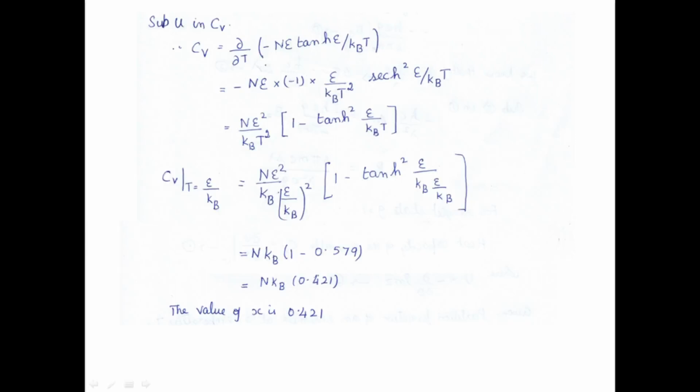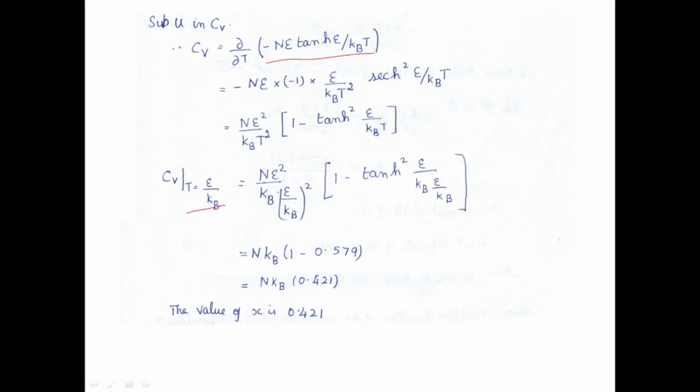Now if you differentiate this term with respect to T, you will be getting minus N E is a constant, and then for tanh we will be getting sech square of E divided by kBT, and for E divided by kBT it will be minus 1 E divided by kB T square. So Cv will be N E square divided by kB T square into 1 minus tanh square of E divided by kBT. In the question, they have asked us to find the value of Cv at T equal to E divided by kB.